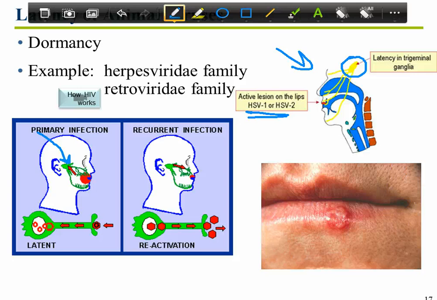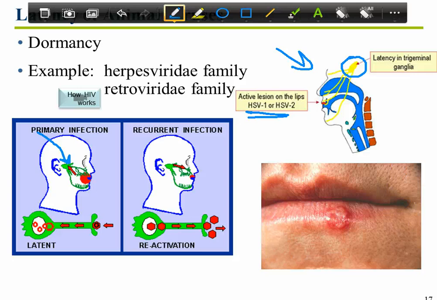So it's not that the virus is choosing to become latent, it's the fact that the virus is now in a neuron in which it cannot come to fruition in its replication. It's kind of not quite a dead end, but its host cell is not helping it make viral structures. And so it goes into latency.